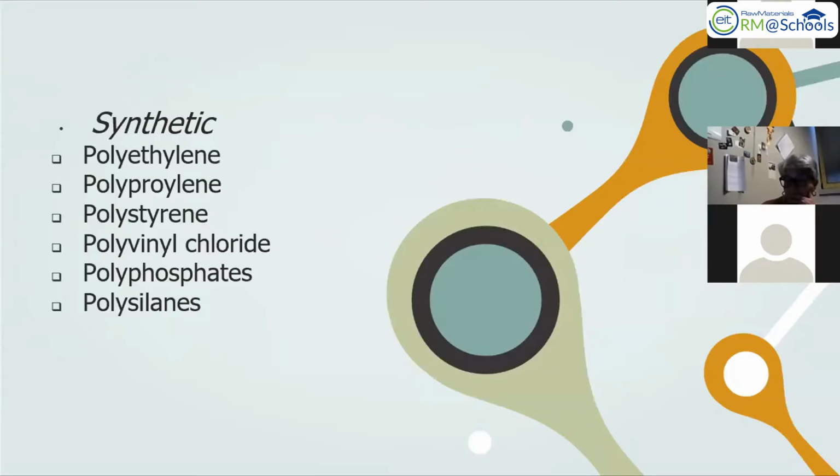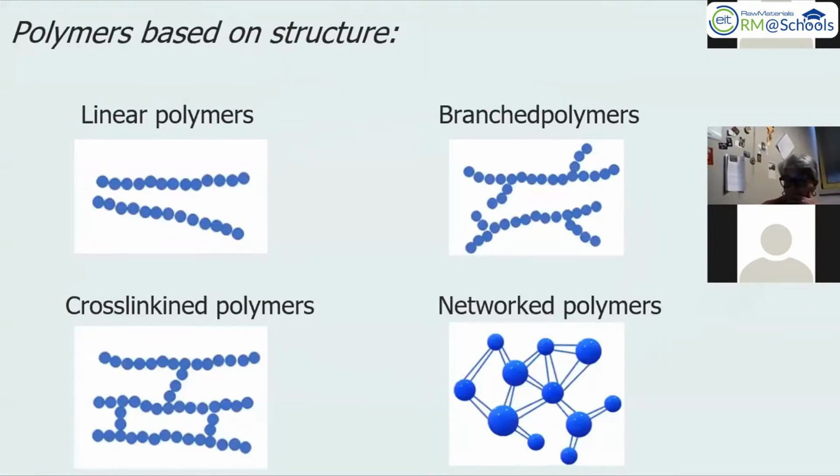Synthetic polymers are polyethylene, polypropylene, polystyrene, polyvinyl chloride, polyphosphates, polysilanes. Next, based on structure, polymers can be divided into linear polymers, branched polymers, cross-linking polymers, and networked polymers.